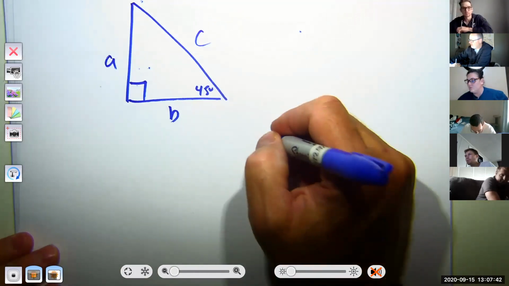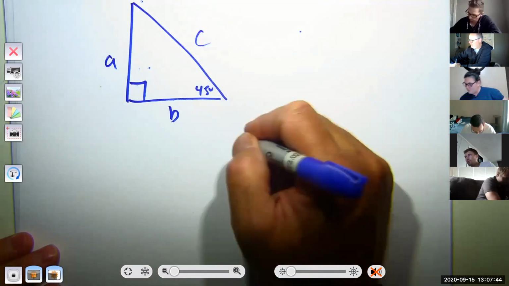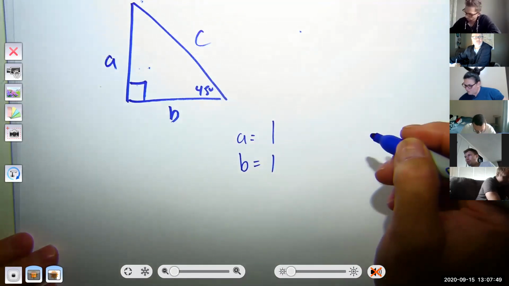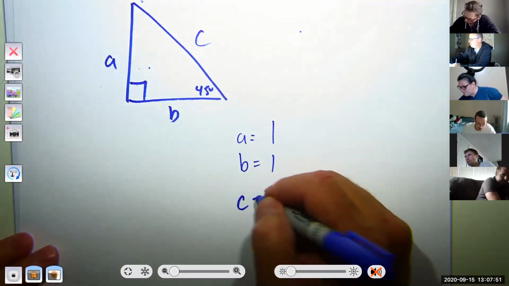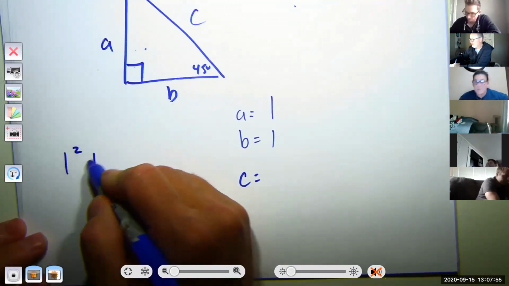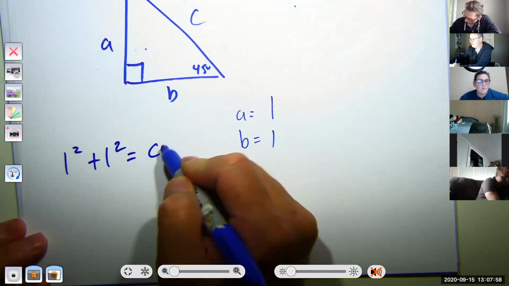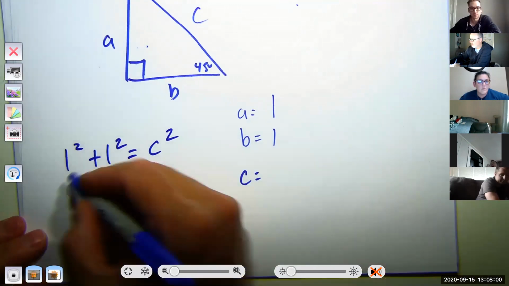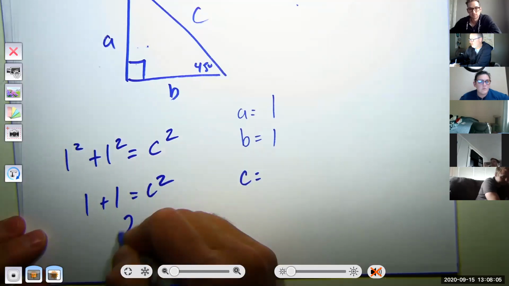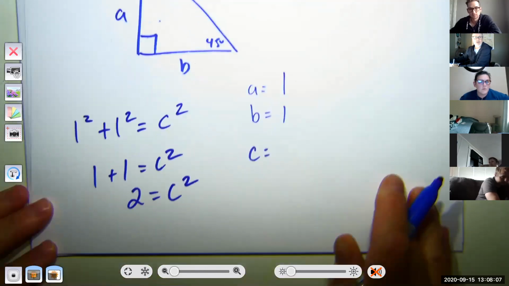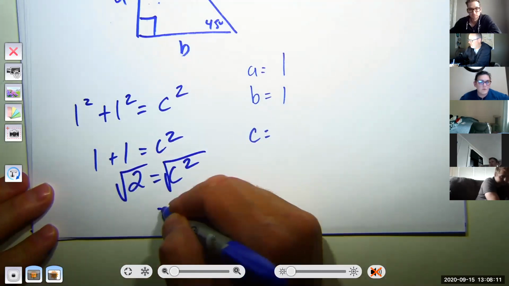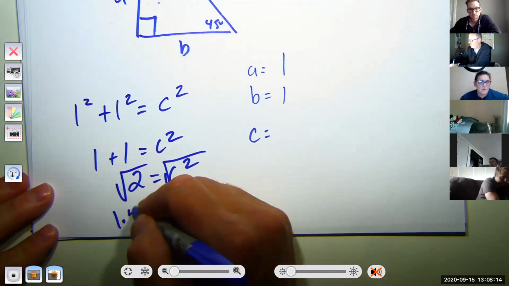If I said A was 1, and B has to be the same, then what is C? 1 squared plus 1 squared is equal to C squared. So 1 plus 1 is 2, which equals C squared. Then the square root, C equals 1.414.